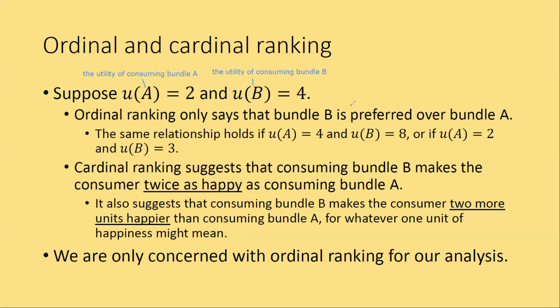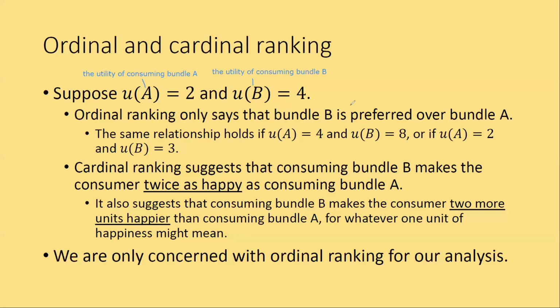So with this example, U(A) equals 2 and U(B) equals 4, cardinal ranking will suggest that the consumer likes bundle B twice as much as bundle A, or that consuming bundle B makes the consumer twice as happy as consuming bundle A. We can also say that with cardinal ranking, consuming bundle B makes the consumer 2 more units happier than consuming bundle A, for some meaning that 1 unit of happiness might mean, which we do not know. But we cannot make those conclusions under ordinal rankings.